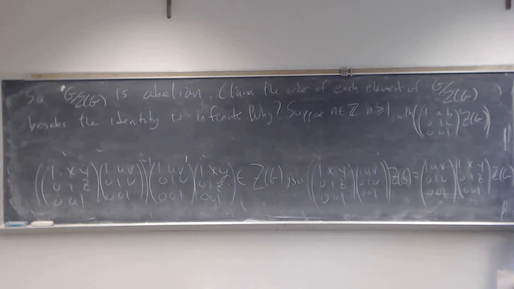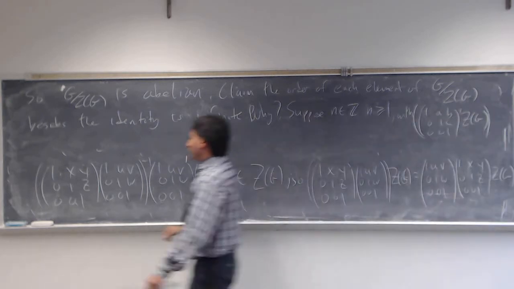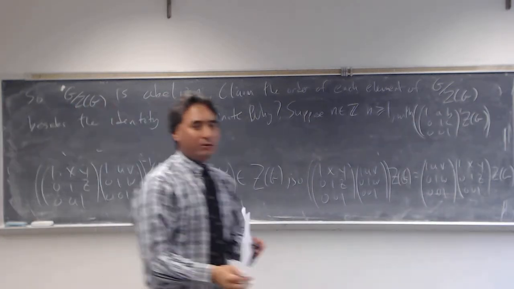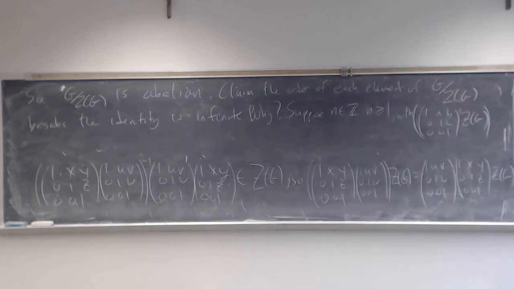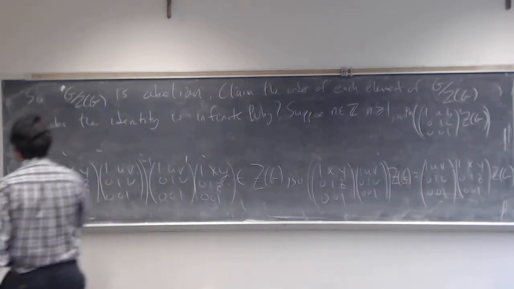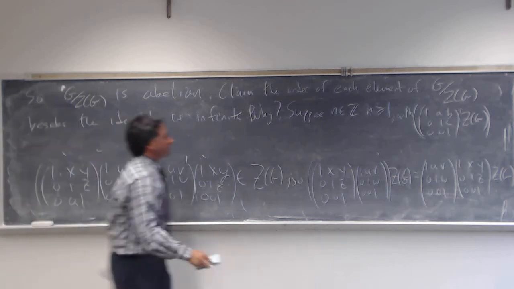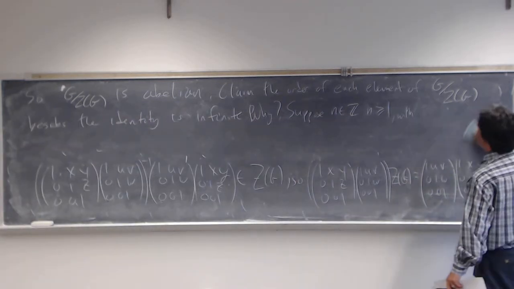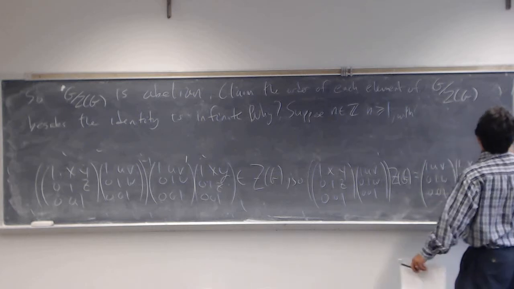I gotta scoot over on the board. Let me zoom out a little bit just to give myself some more room. I'm just gonna move over and then erase this. So it's going to work over here, but I'll just copy the line there.